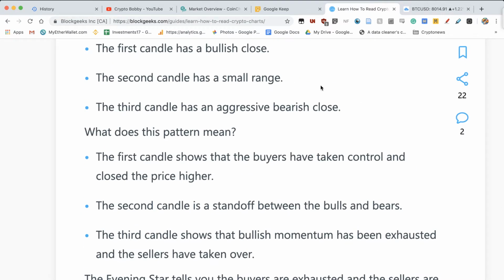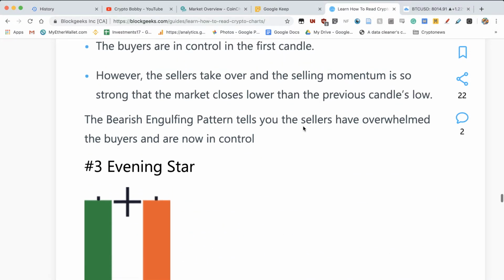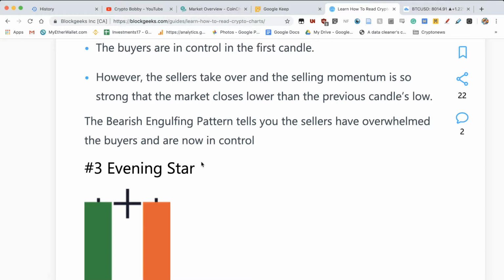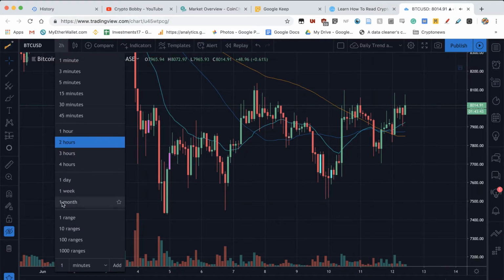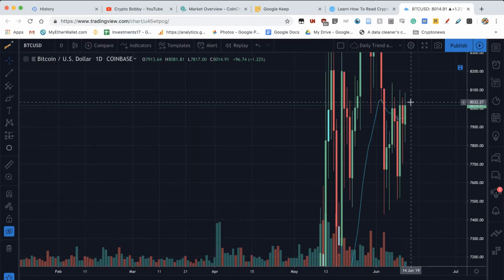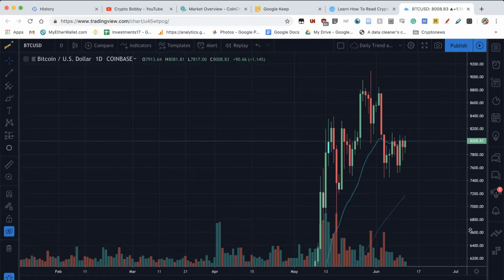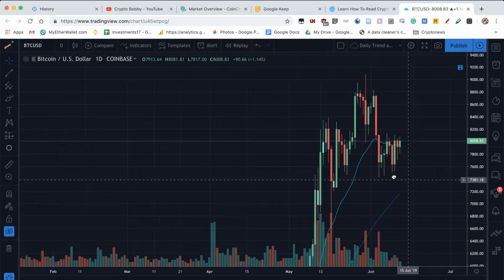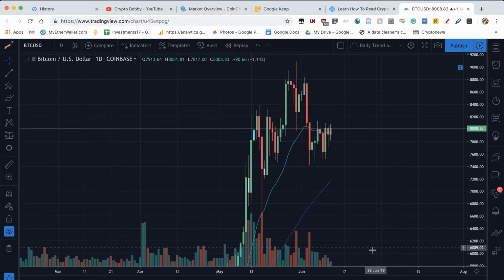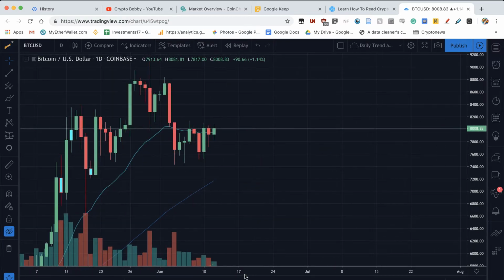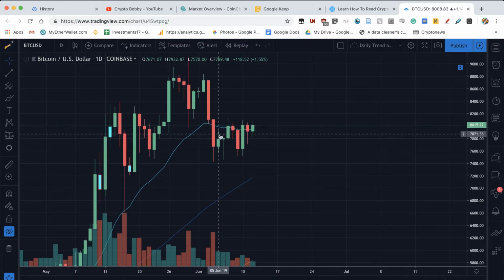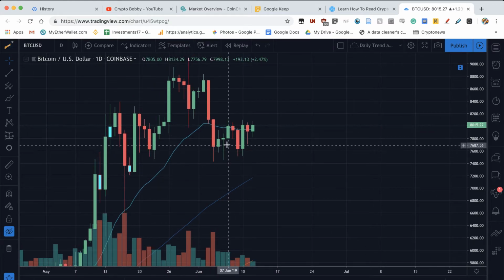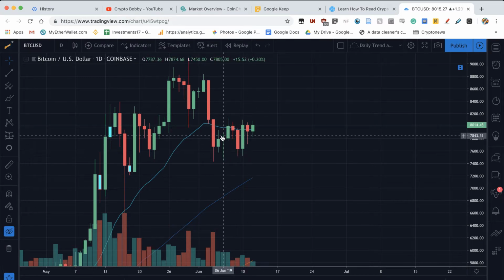Now, an important thing to note about these patterns is I really like to use them on higher time frames, for example on the daily, because it's something that is very strong, and you can use it to maybe identify changes in trend. As you can see here, you've got a hammer pattern forming on the daily trend on the 6th of June.